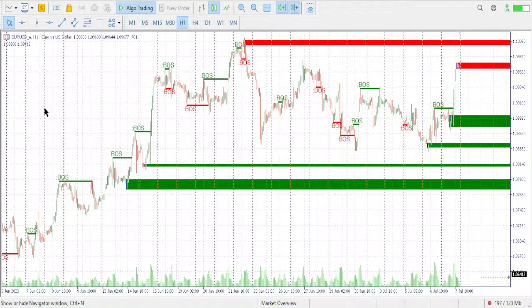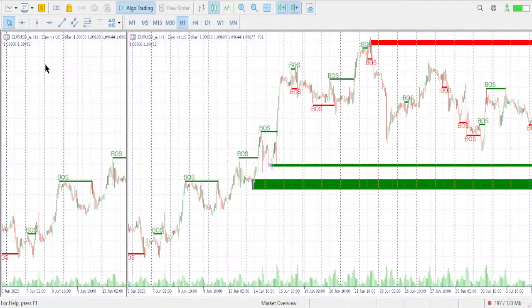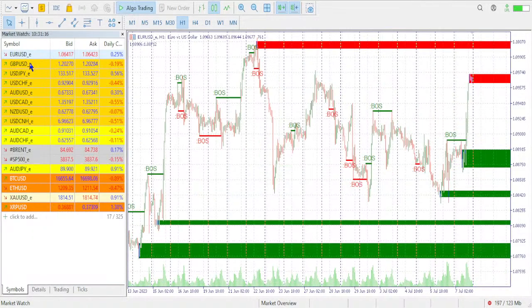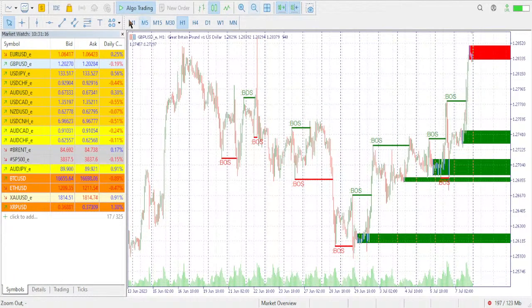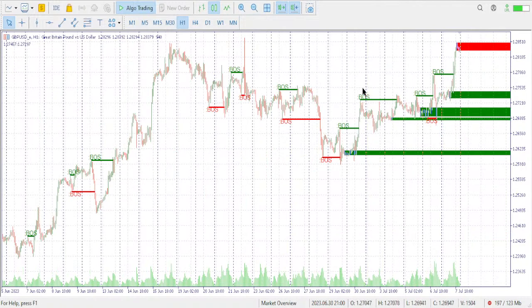The other chart which I'd like us to have a look at is GBP USD. With GBP USD so far, also we are bullish, we are upwards. If you check this chart keenly, you can see that for some time now, the price has been forming higher lows, and at the same time we've seen several bullish breaks of structure.